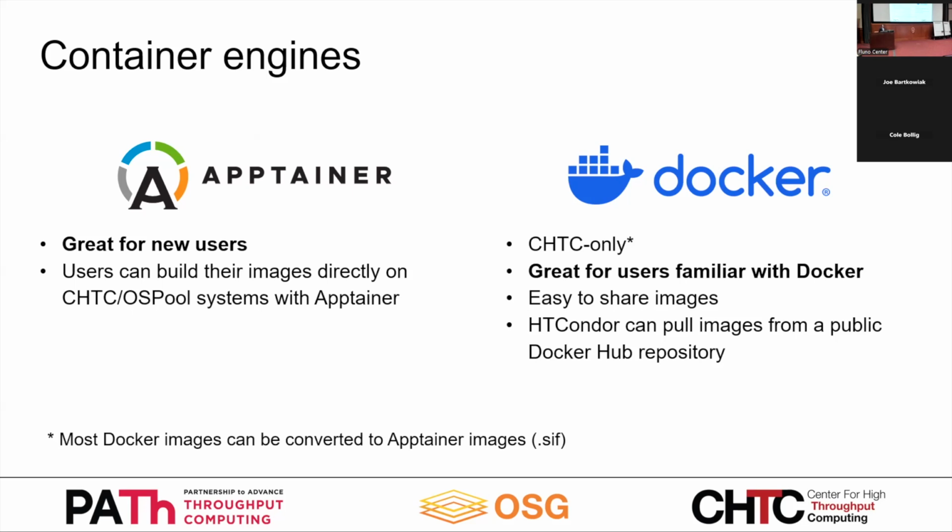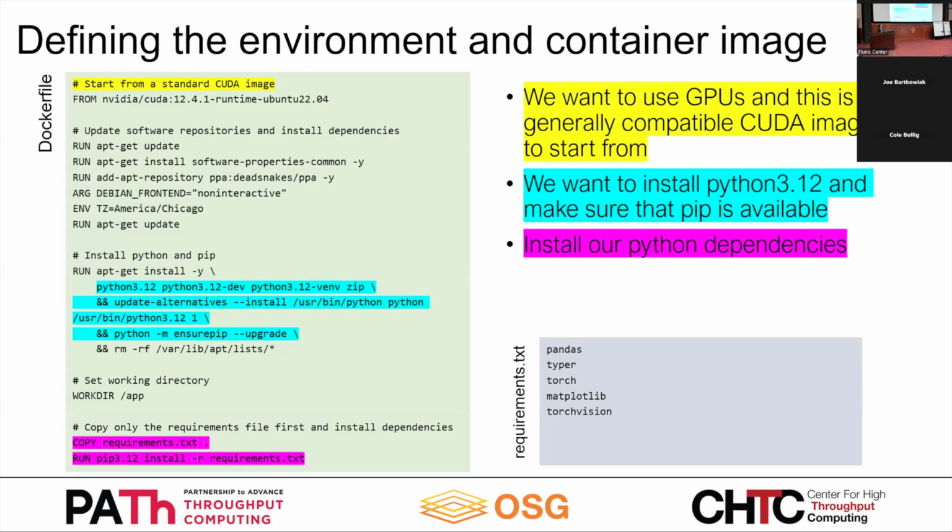I give this information to our researcher, and he comes up with a Docker file that defines his environment for his jobs. Some things to point out here, we start with a standard CUDA image. This is a really good one to start with if you don't know which one you want to use.